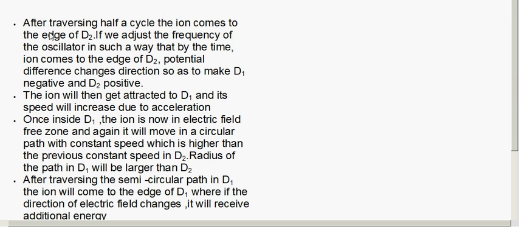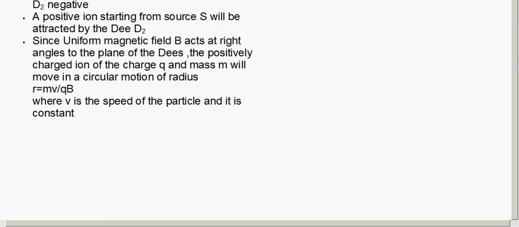Now in the next step, after traversing half a cycle, the ion comes to the edge of D2. If we adjust the frequency of the oscillator in such a way that by the time the ion comes to the edge of D2, the potential difference changes direction so as to make D1 negative and D2 positive. Go back to the figure.